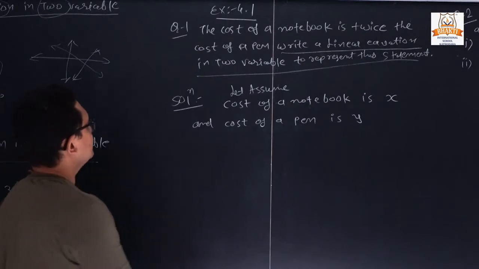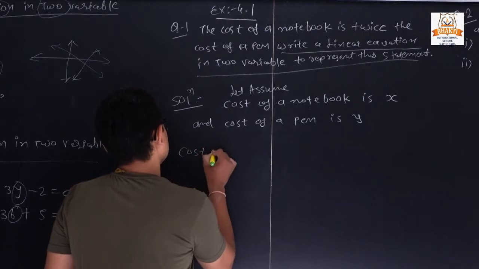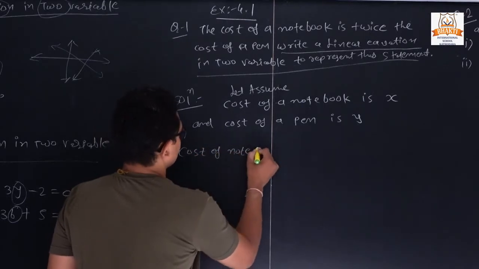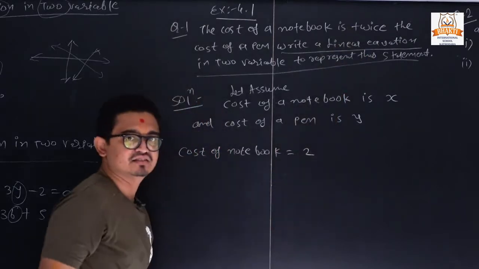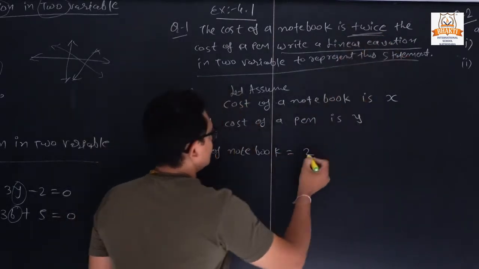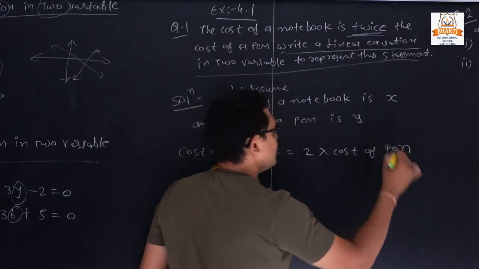Now they are telling us the cost of a notebook is equal to, twice means two times, 2 into the cost of a pen.